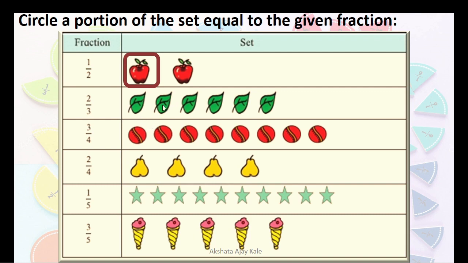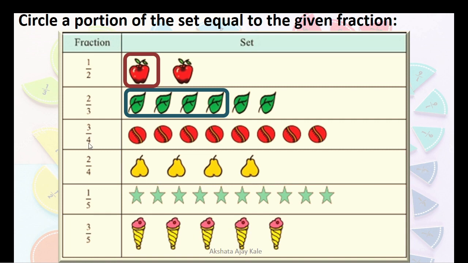This is one set, these two together are the second set, and this is the third set. So to show the fraction 2 upon 3 in this set, we have to show 4 leaves. This is the first set, this is the second set.